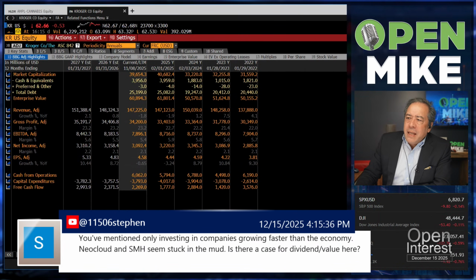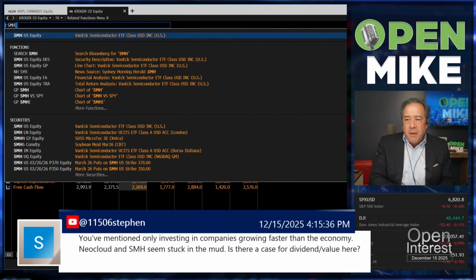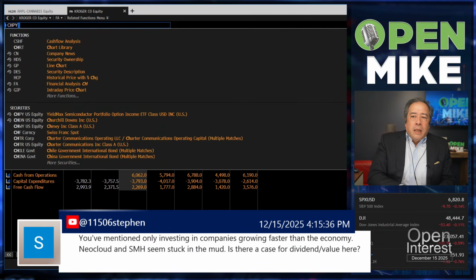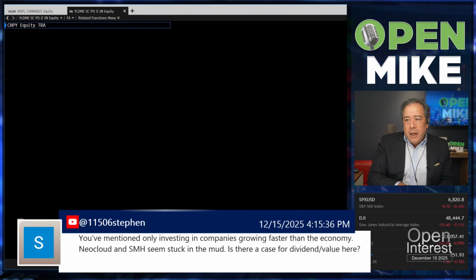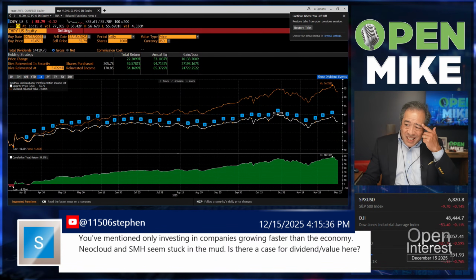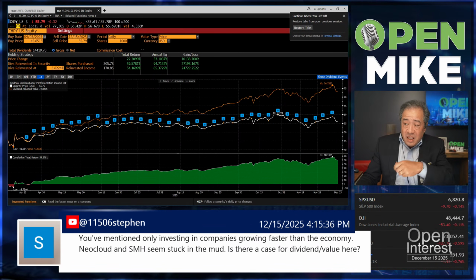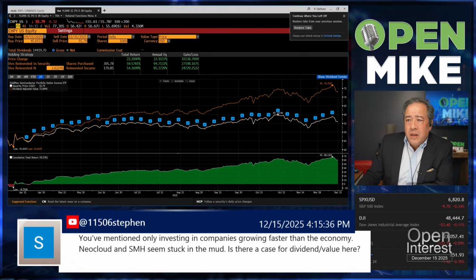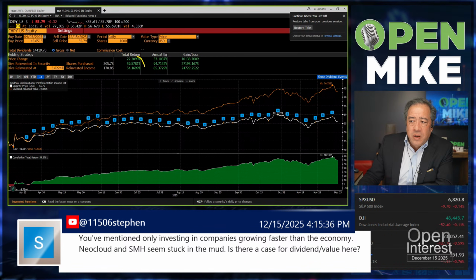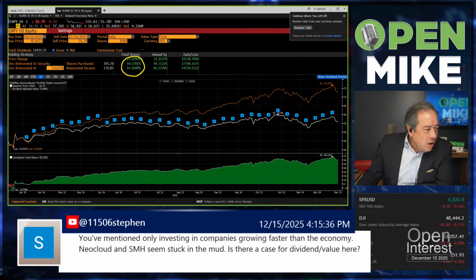Don't mind that. SMH, I'm a little bit surprised because the semis have done quite well. This is our covered call ETF that is on the semis, and as you can see, the total returns for the last year have been quite good, actually.